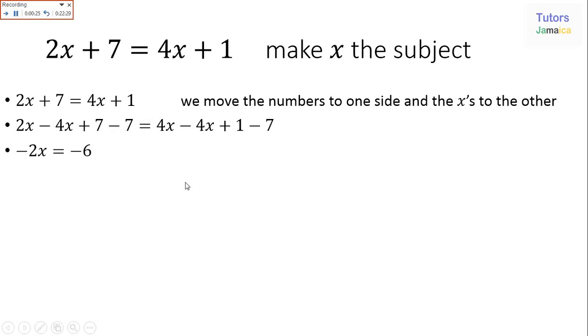So what we end up with is negative 2x is equal to negative 6. So we end up with x is equal to negative 6 over negative 2, and we know that the answer for that is 3. So we get back our same answer.